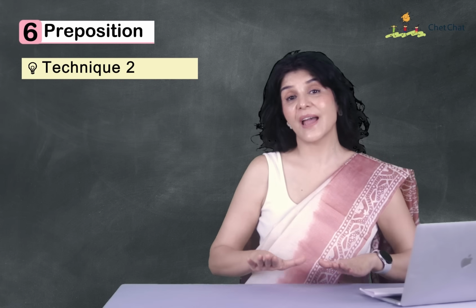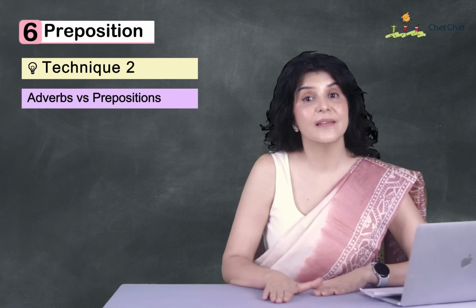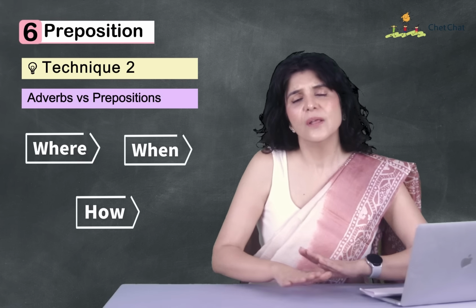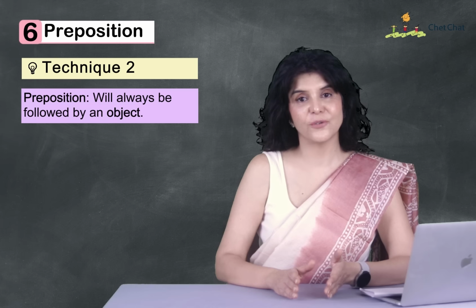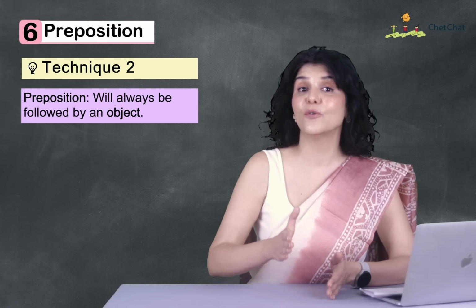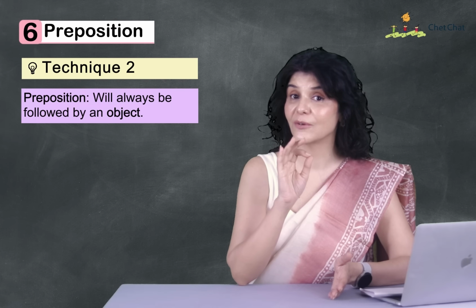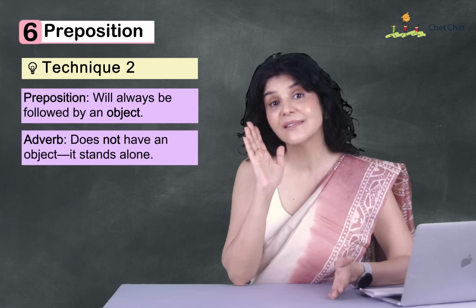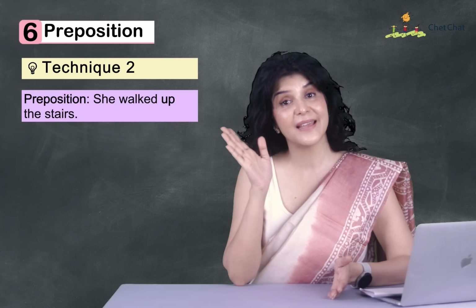Now both adverbs and prepositions are answering the same questions. Where, when, and how. So what is the difference between them? A preposition will always be followed by an object, a noun or a pronoun. Okay? An adverb does not have an object. It stands alone. For example, she walked up the stairs.